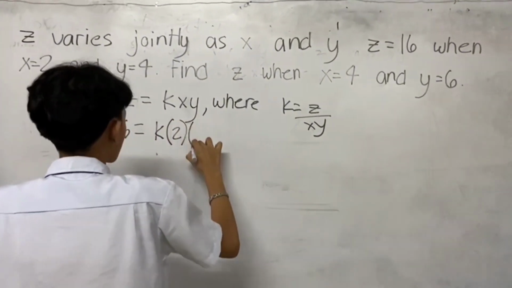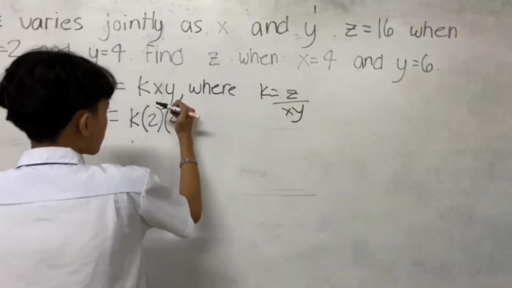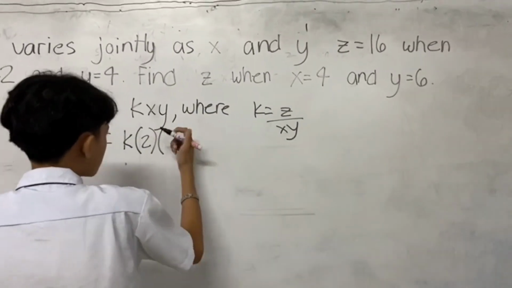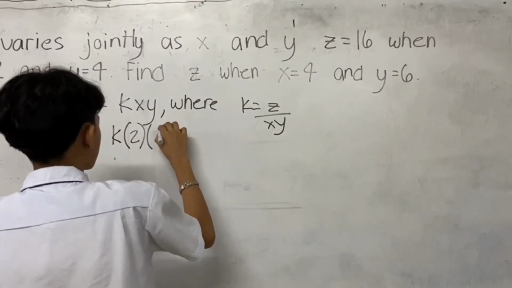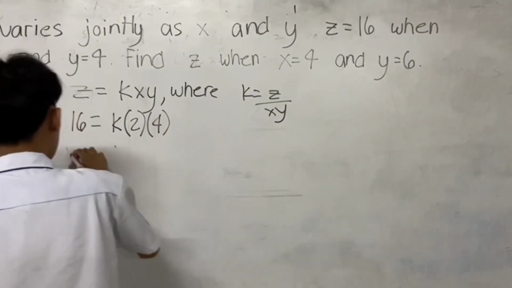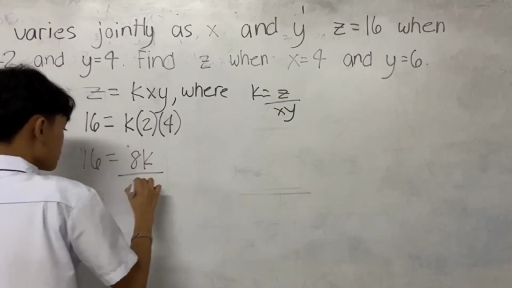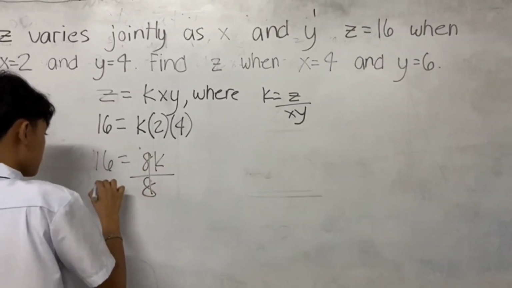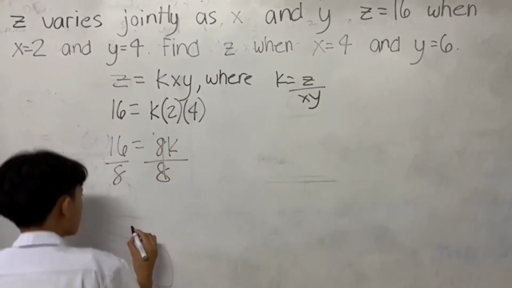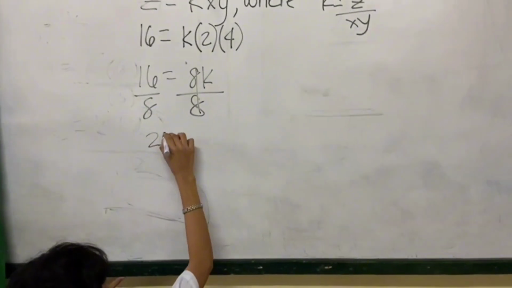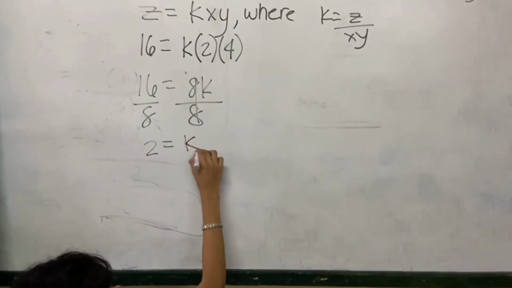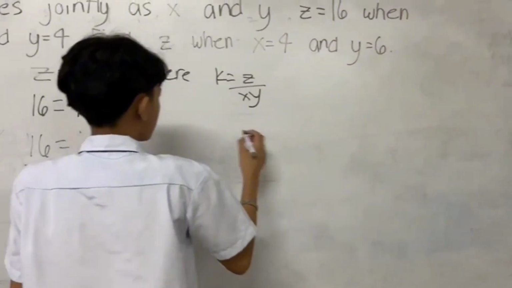Substitute 2 and 4. That's 8. Okay. So 16 is equal to 8K. Divide both sides by 8. So 16 divided by 8 is equal to 2. Bring down the K. So we get the constant of our variation, which is K.